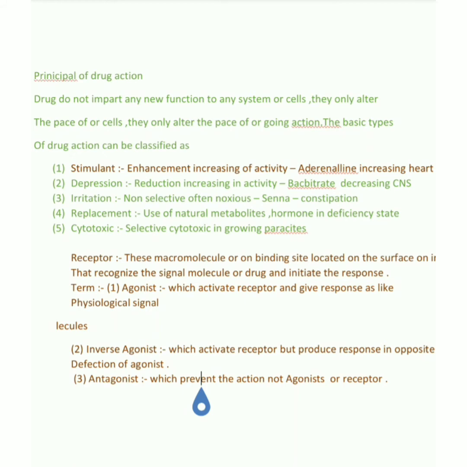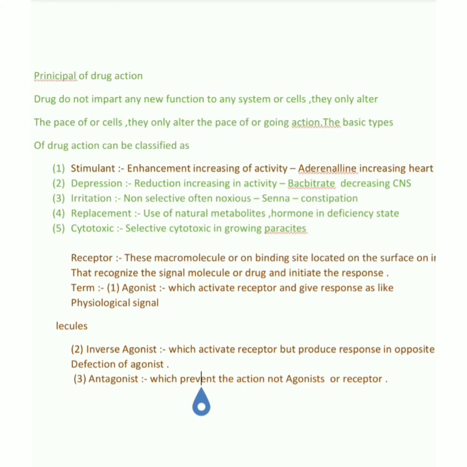For example, analgesic receptors are mu1, mu2, mu3. They are different and identify different drugs. So receptors recognize signal molecules or drugs and initiate the response.